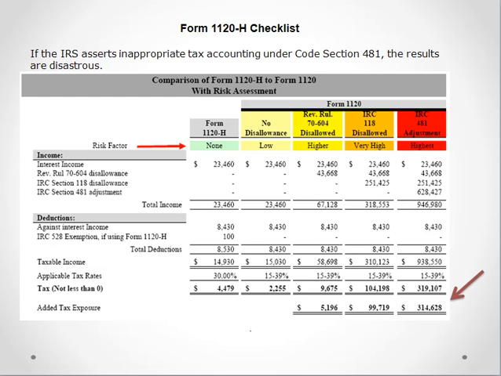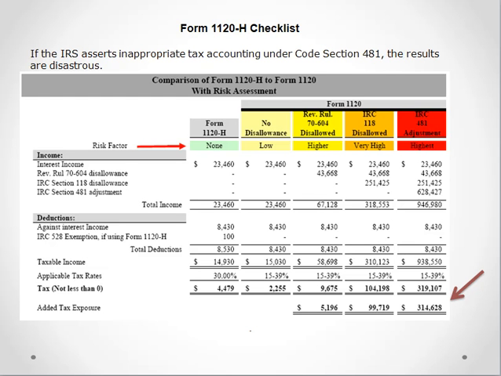Code Section 481 is a tool whereby the IRS says you had inappropriate tax accounting. In other words, your set-aside of capital reserve assessments was not appropriate. We're going to go back for all the years open under the statute of limitations and pick up your beginning reserve balance at that date and all of the assessments that have occurred since then, which in this case happens to be $628,000.